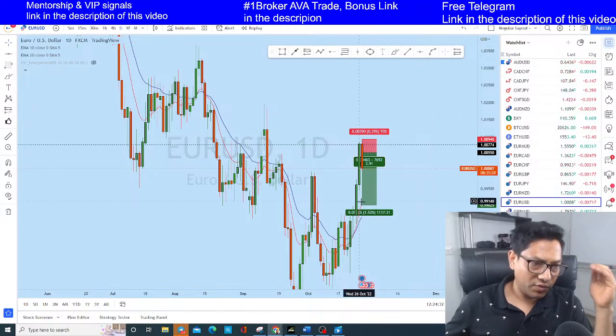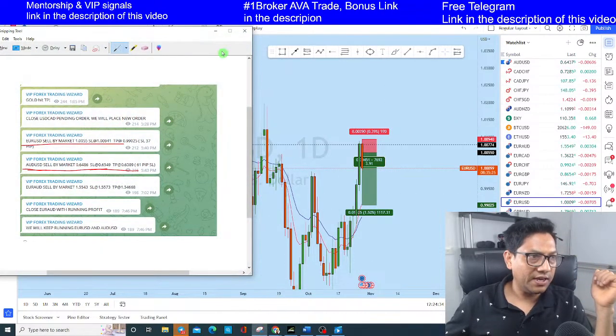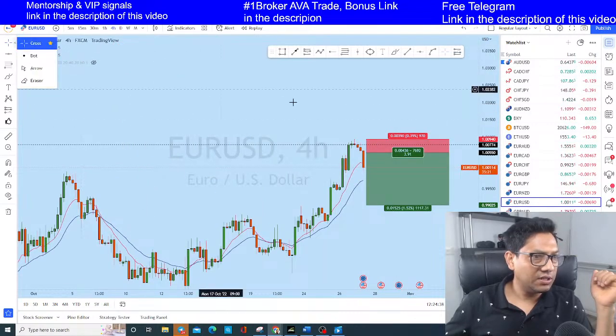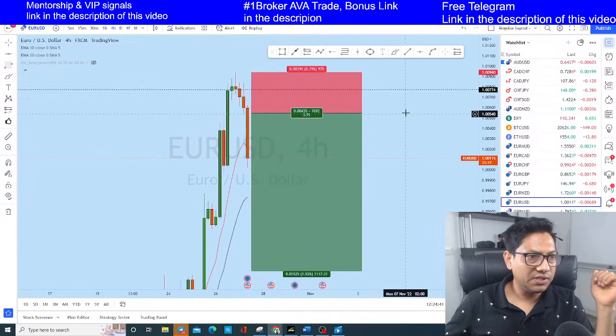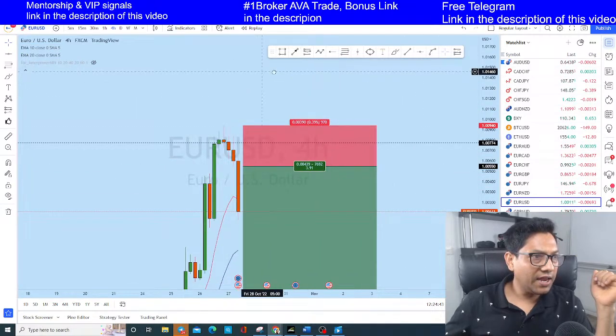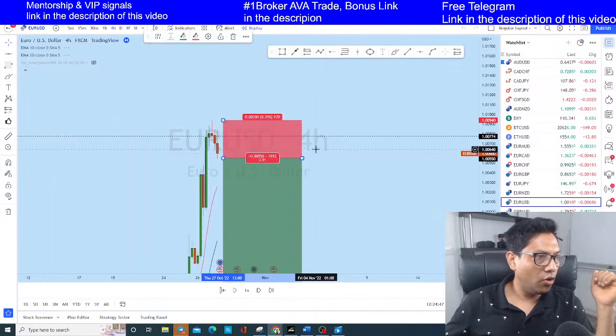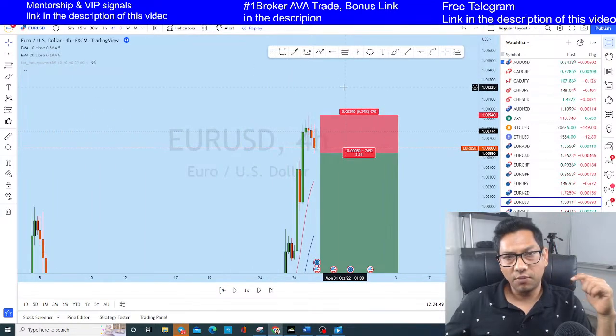And I have shown you exactly. Now on the 4-hour perspective, this is the price action that I saw when this candle was forming. When this candle was forming, I knew it was going to be a false breakout.